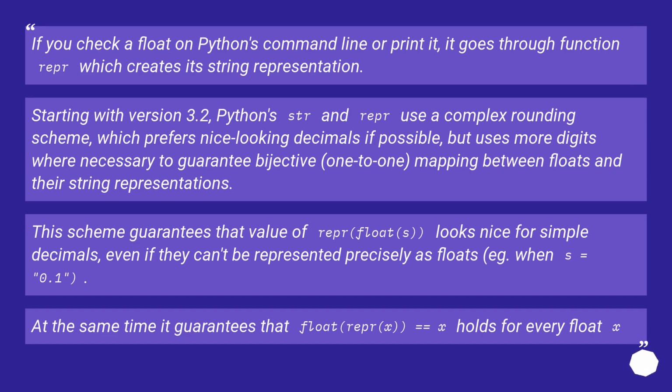This scheme guarantees that the value of repr of floats looks nice for simple decimals, even if they can't be represented precisely as floats, e.g. when s equals 0.1. At the same time, it guarantees that float(repr(x)) equals x holds for every float x.